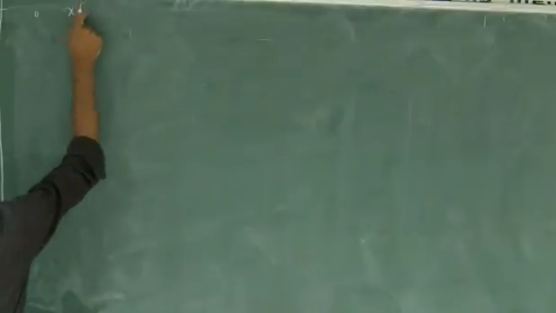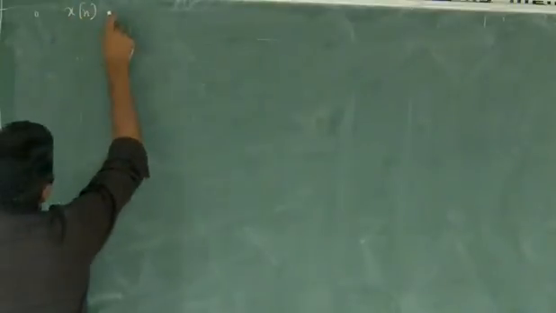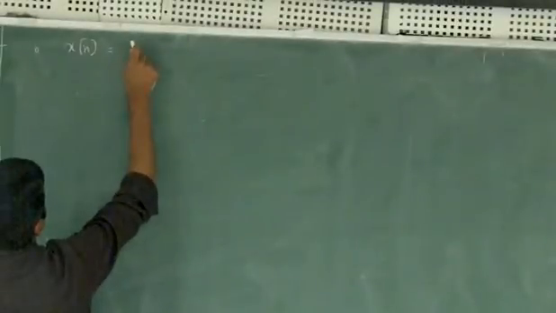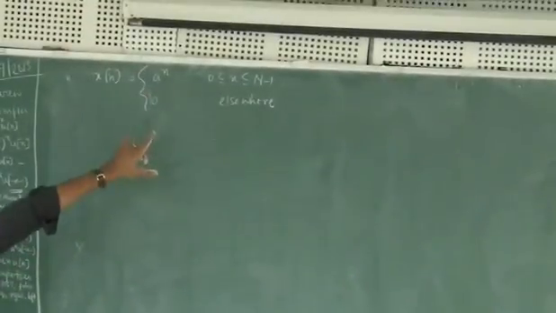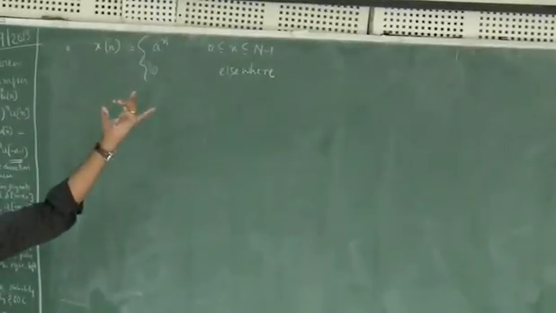Okay, so now if I told you that I have a sequence like this, x of n is say... I gave you such a sequence, and I'm saying that this is defined for a finite time duration, right?